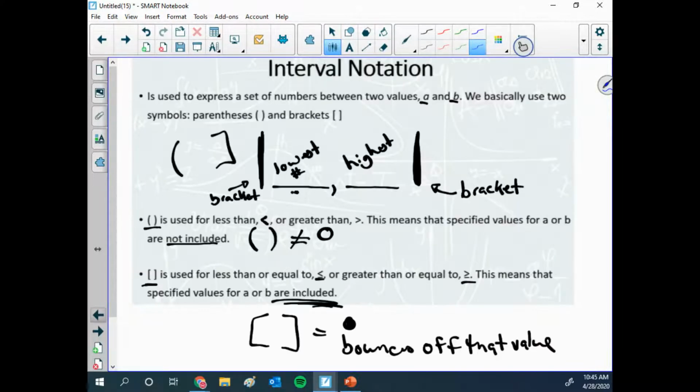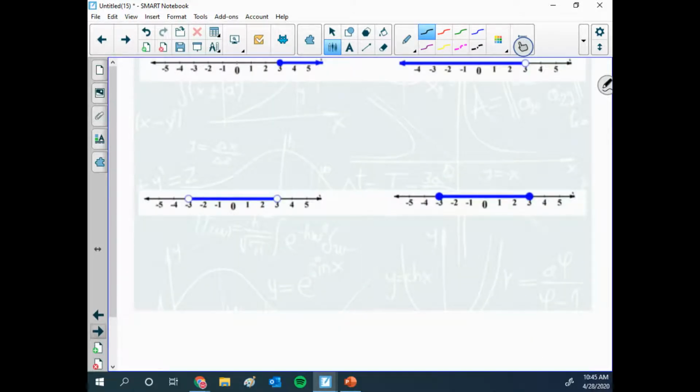Now, we have to always use a curved bracket with infinity because a curved bracket means you cannot equal that number. And you cannot ever equal infinity because if I say, well, infinity plus 1, right? That number keeps going. So we always will use a curved bracket if we're dealing with infinity.